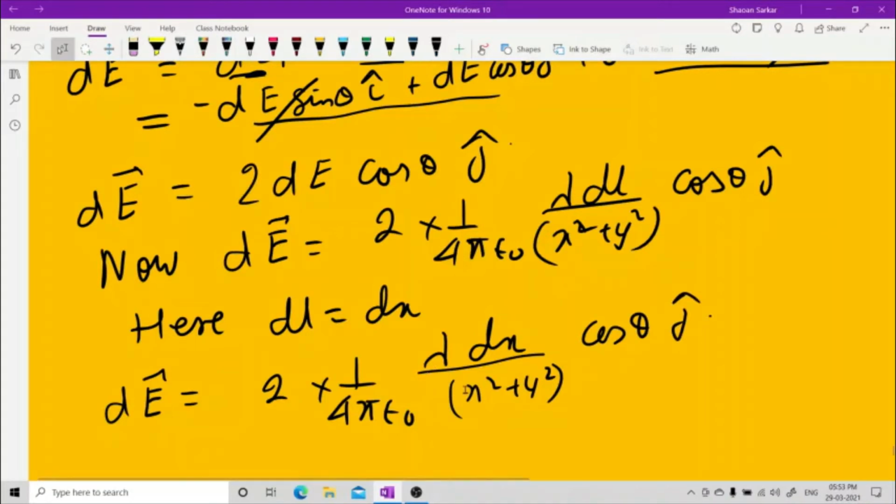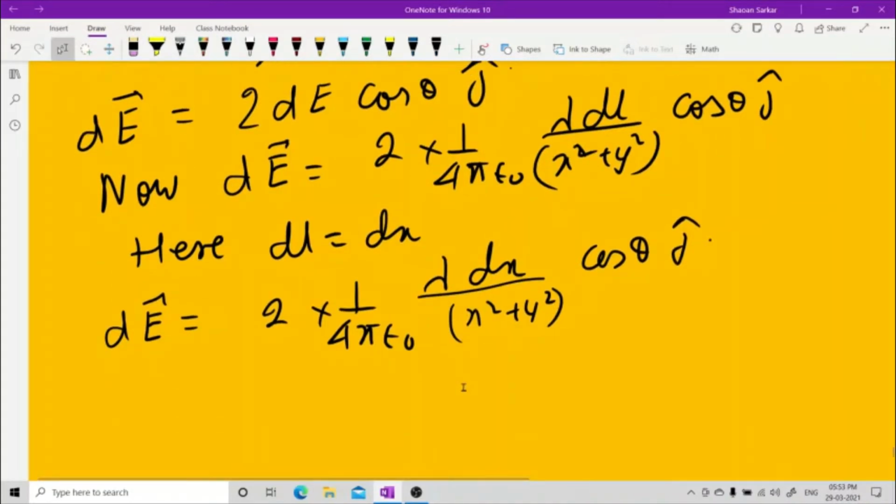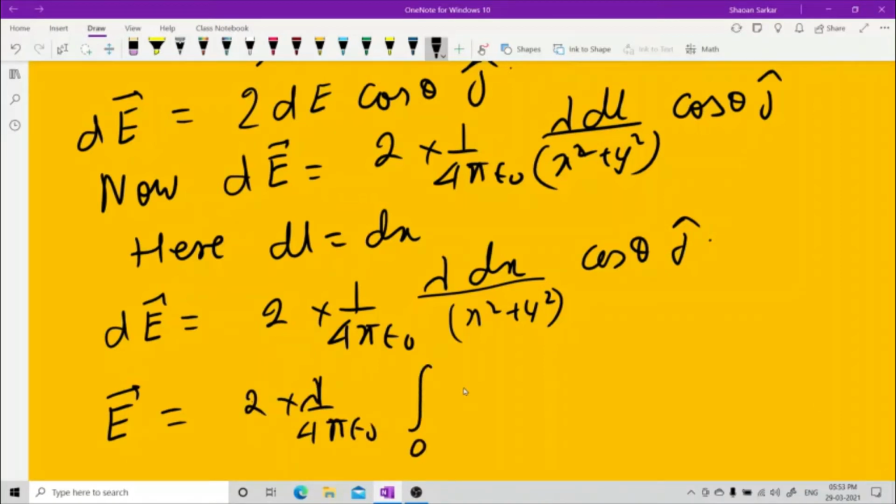Now here there is something that I would like you to know. To integrate, you take 2 into 1 by 4 pi epsilon naught outside, take the lambda outside, and integrate from 0 to infinity dx upon x square plus y square cos theta j cap.